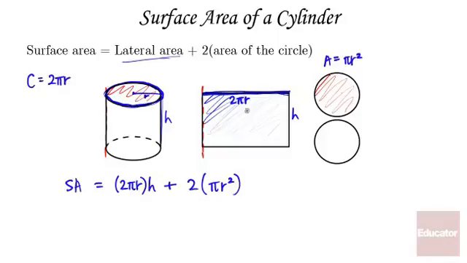So just the area of this rectangle, plus the area of the top circle, and then plus the area of this bottom circle. So it's just the area of the rectangle plus the two bases of the cylinder. That's the surface area. As long as you know the circumference of a circle and you know how to find the area of a circle, you're fine with surface area.